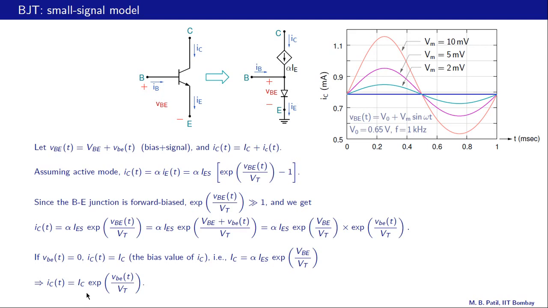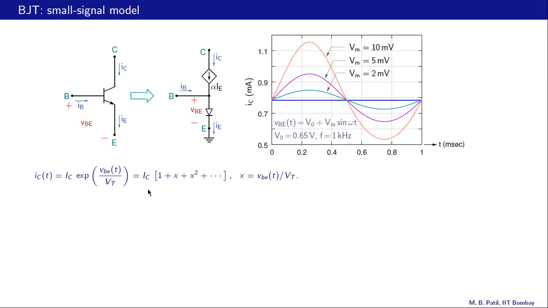Let's remember that, and let's go further with this. Here is the relationship between the instantaneous collector current and the signal base emitter voltage, and this IC here of course is the constant or the bias value of the collector current.